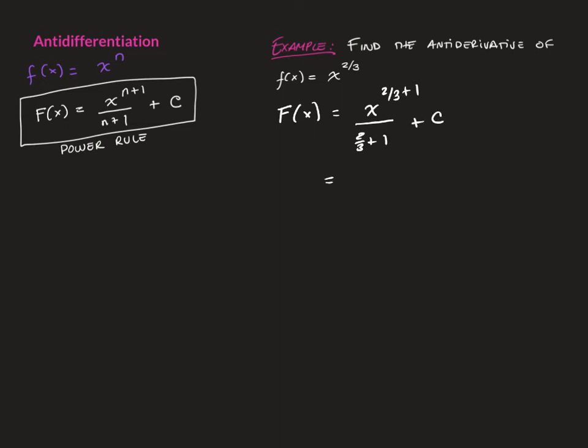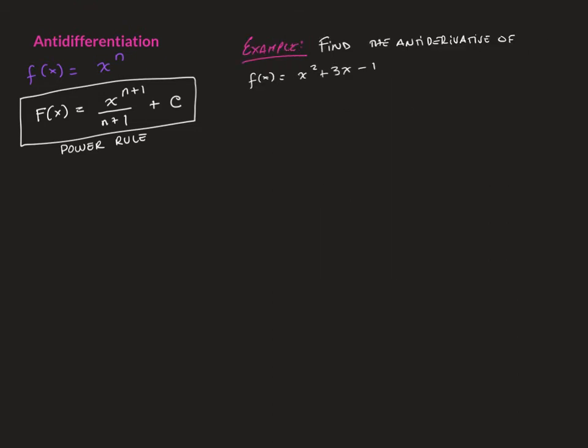So that is going to be x to the power of 5/3 divided by 5/3 plus c, and that is 3/5 the cubic root of x to the power 5 plus c.